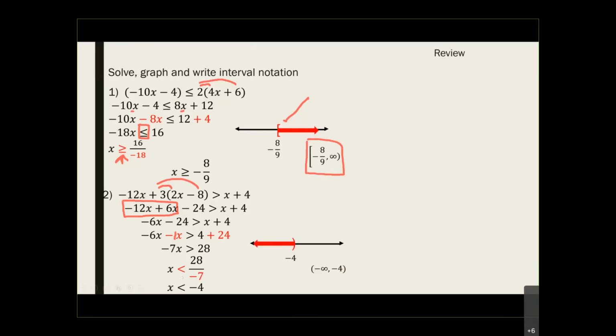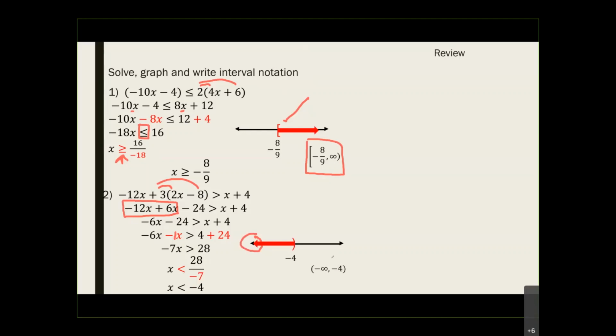If there's no line underneath the inequality, we use the parenthesis. Reminder, what is the smallest number we have? The smallest number is somewhere on this side. If it's on this side, we start with negative infinity and go all the way to your endpoint, which is negative 4.